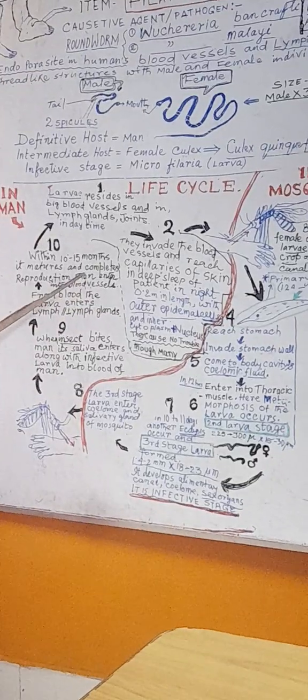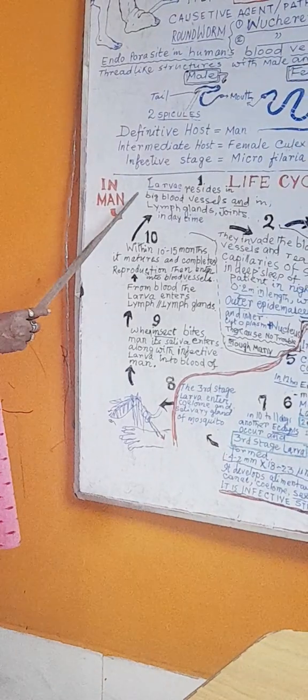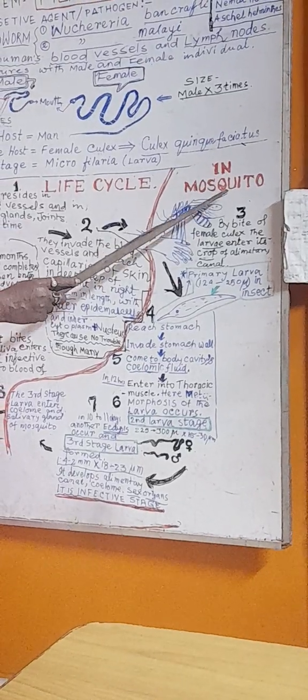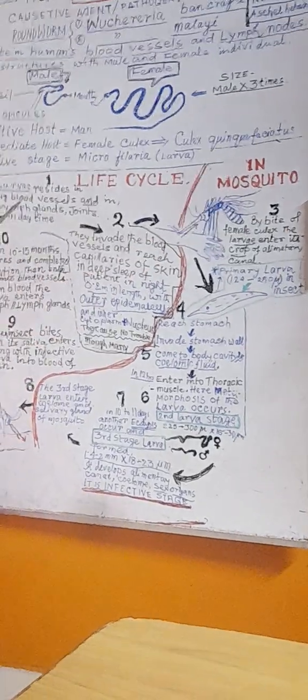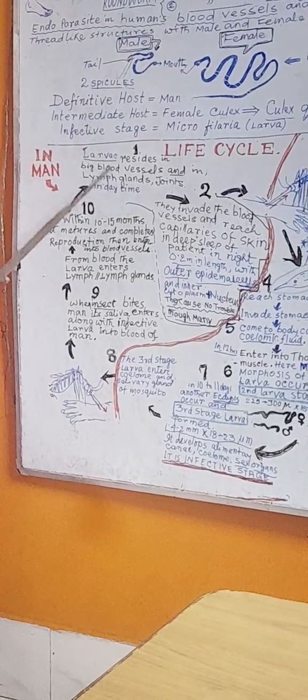Now I shall go into the life cycle of the filaria disease. It occurs in two hosts: the definitive host, man, and the intermediate host, the female Culex mosquito. I am starting from the beginning, where it acts in a human being.